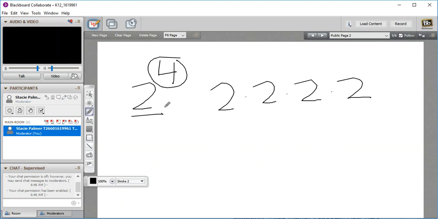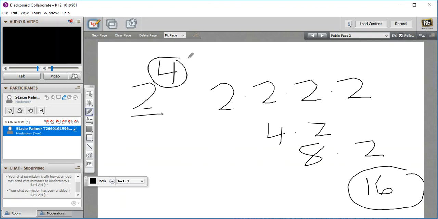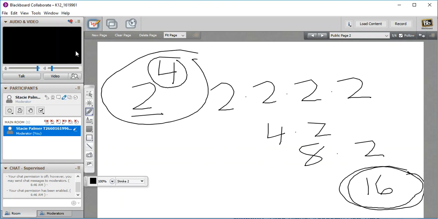That's what 2 to the 4th power is. So 2 times 2 is 4, 4 times 2 is 8, and then 8 times 2 is 16. So 2 to the 4th power is 16.